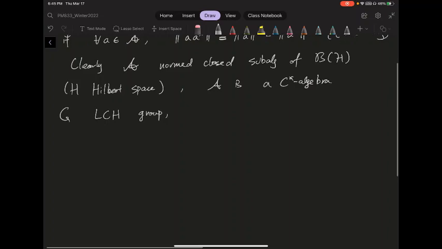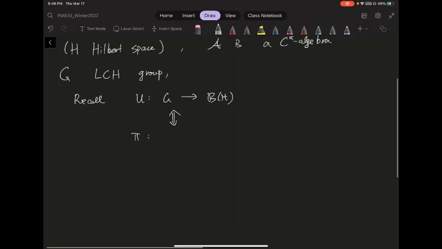So if you recall, if I have a unitary representation from G to, say, U of B of H, that actually corresponds to a non-degenerate star representation of the Banach algebra L1 of G to the same B of H. Basically, this is the theorem we talked about when we did the compact groups.